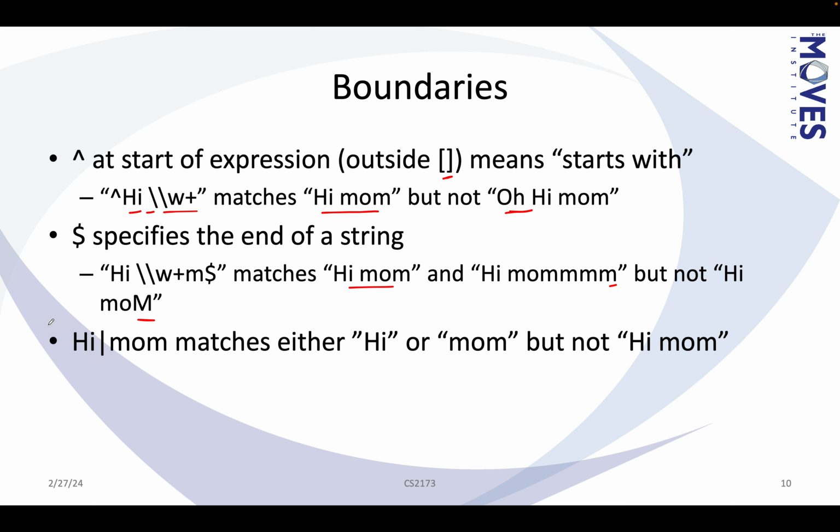And then the pipe will match either what's before it or what's after it. So if I want to say, okay, either match this or that, this often comes in if I'm looking through email types of things, and I'm looking for either to, CC, or BCC, because I want to get all of the different addresses.